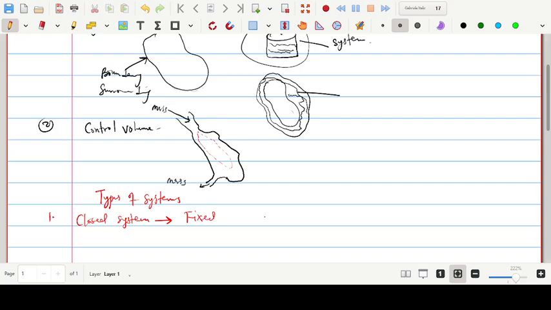A closed system is a system that consists of a fixed mass of matter, meaning there is no mass transfer. Mass is not coming in nor going out. If you put your pot on an electric stove or whatever, you want to boil it, you already have a fixed amount of water inside the pot. Now you are applying heat. The heat that you are applying will make the water change states.